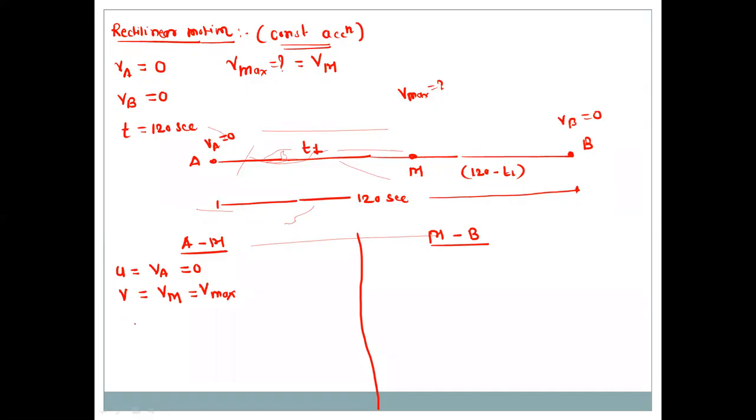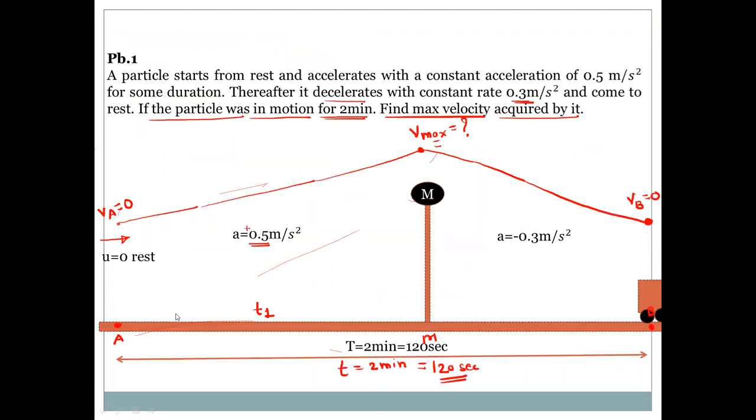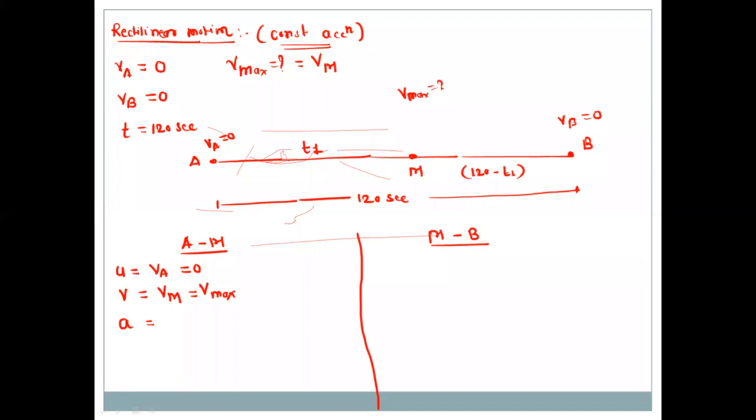Then the acceleration for A to M motion is plus 0.5. And the time is t1, which is unknown, so we will put time t as t1 only.